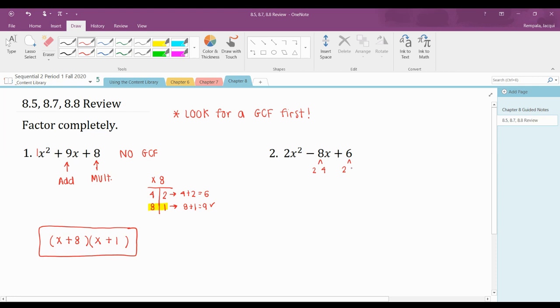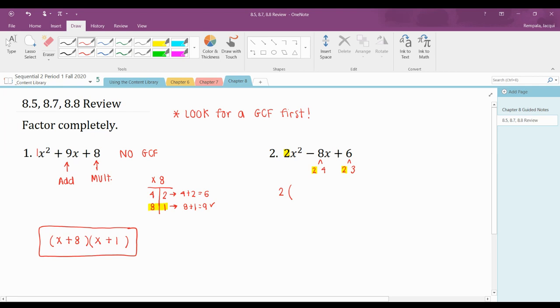Once again yes, 2 times 3 gets me 6. So every single one of those has a number in common, and that's going to be a GCF. I also want to look for variables. The first two terms have x's, but the last term is just a number. So there's no variable in common, and the only thing that gets factored out is a 2.